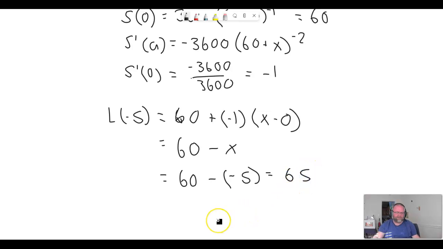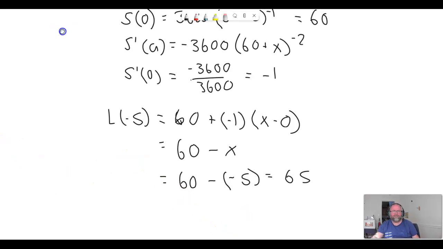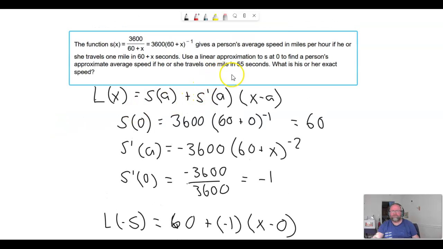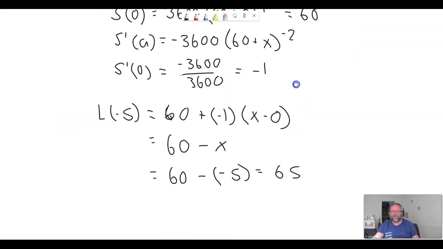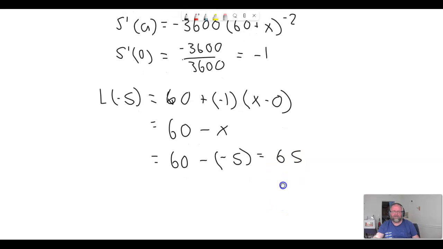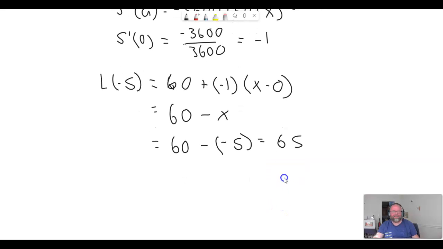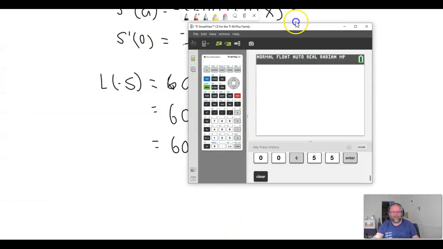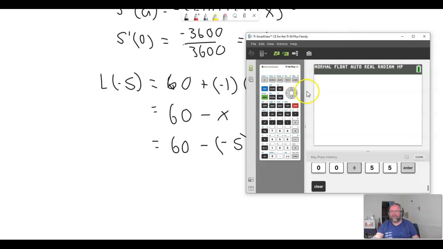All right, that means using the linear approximation formula to estimate the problem, which says we traveled 1 mile in 55 seconds, we're going around 65 miles per hour. And then it says to find the exact value. There, we're just going to use the original formula with a -5.